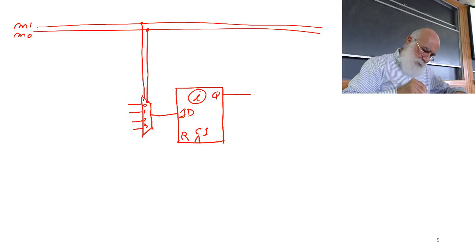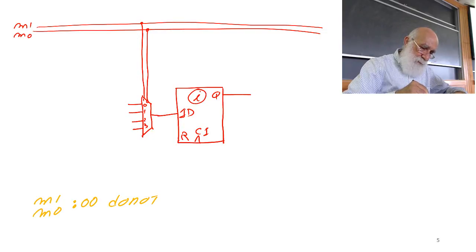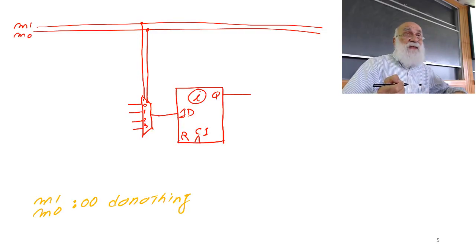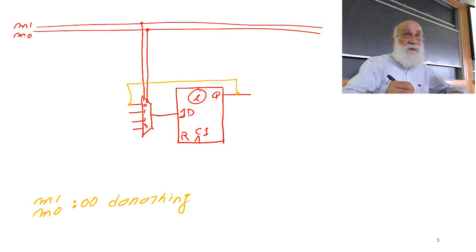If M1, M0 is 0, 0, it's called do nothing, which means that my shift register just takes the output from its own and puts it back into its input.